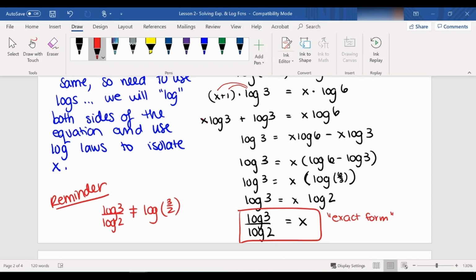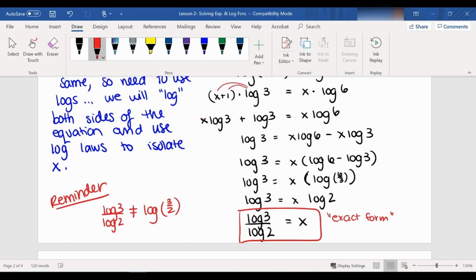Okay. So when you have an exponential equation where the bases can't be made the same, that's the toughest type of equation for you to solve because you need to use your log laws quite a bit and your knowledge of exponentials. So the first step is always log both sides, then bring those exponents down. If it was an exponential equation to begin with, you will always have that step.